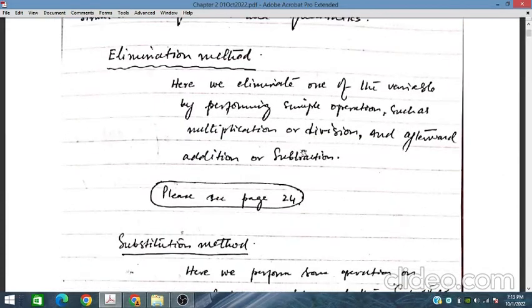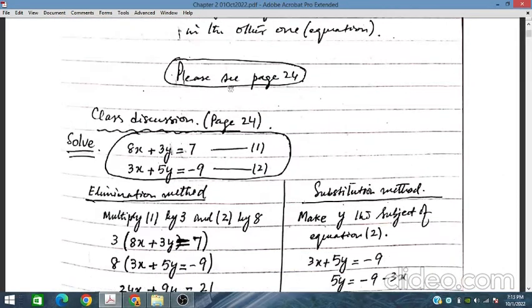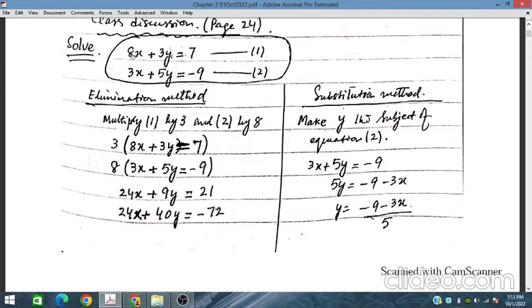For the chapter 2 class discussion, the first one, 8x plus 3y is equal to 7 and 3x plus 5y is equal to minus 9. By the elimination method, we want to eliminate the x variable. So we perform this operation: equation 1 multiplied by 3 and equation 2 by 8, so we can obtain 24x in both.